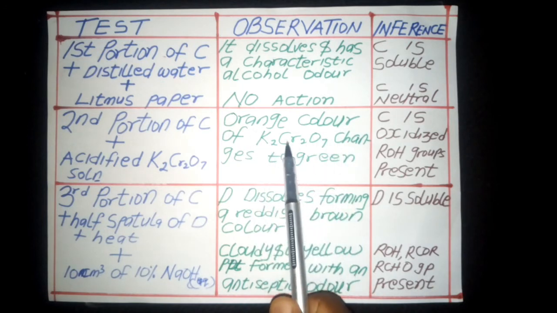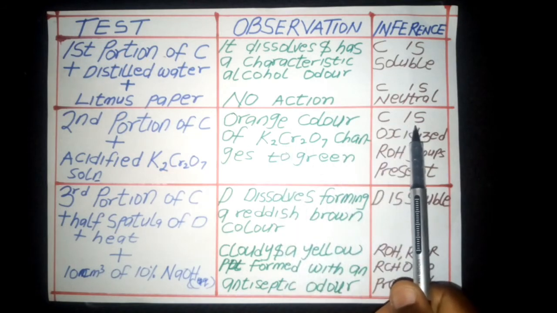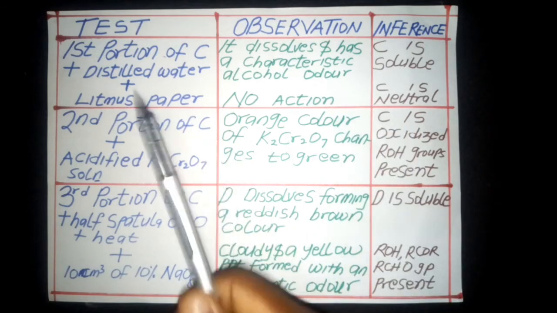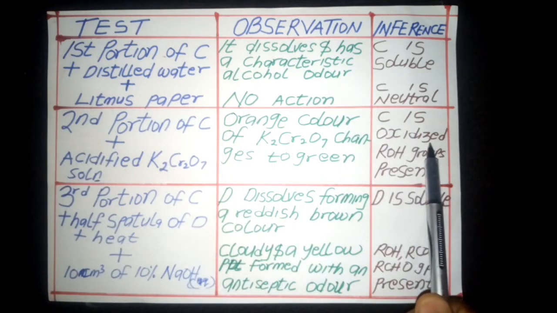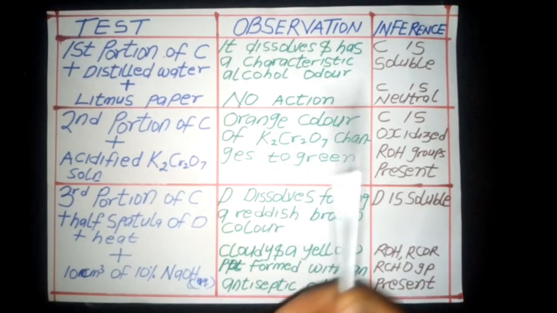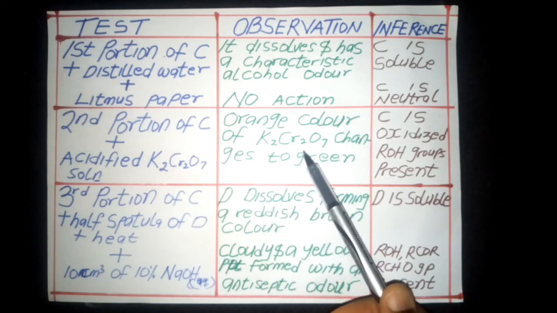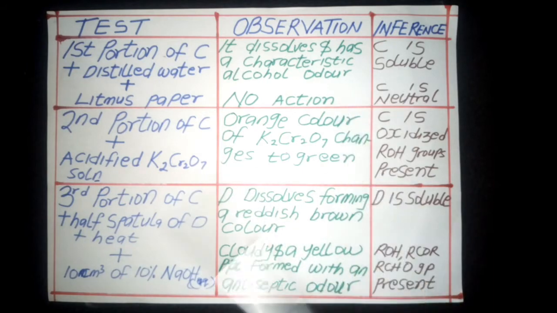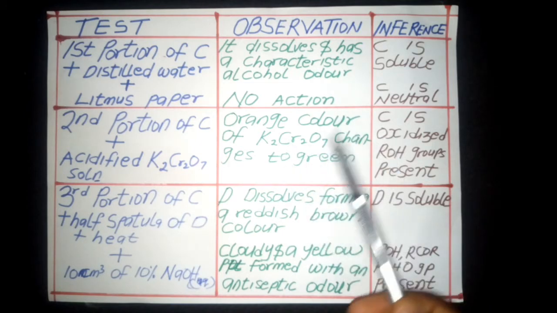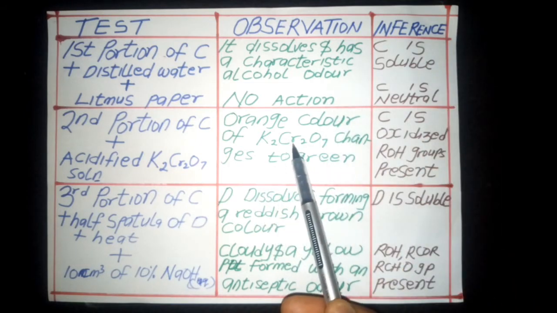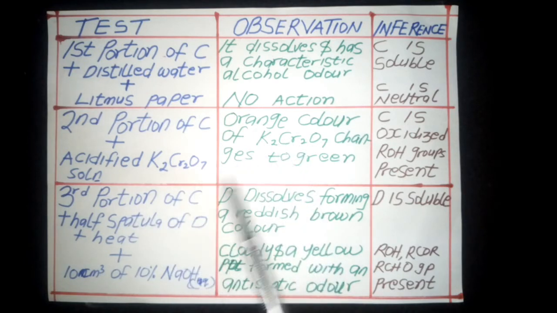The inference is that C, which is the alcohol, is oxidized. This is one of the properties of alcohols. They undergo oxidation, either with potassium dichromate or potassium permanganate. But here we are given potassium dichromate, and so when that happens, it oxidizes it in the sense that the chromate ion changes from +6 to +3, right?